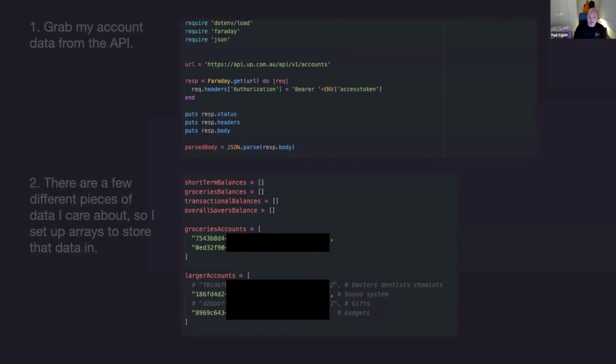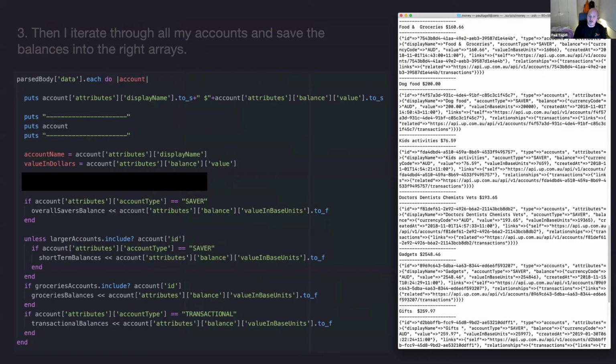Firstly, I grab my account data from the API, and then there's a few pieces of information that I care about from the response that I get back. I've split them into short-term balances, groceries balances, transactional balances, overall savers balances. And then I've gone through and basically identified the accounts by the IDs that they've got. And then I iterate through the accounts to retrieve the information I'm after and send it into the arrays that I'd set up earlier.